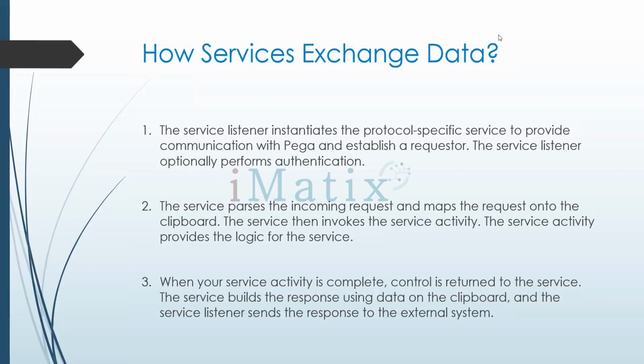Basically, what happens is your request is received. Probably the request could come from any other external application. The request is received, it is processed, and whatever the request parameters you have, for example, you should send the customer data as a response.